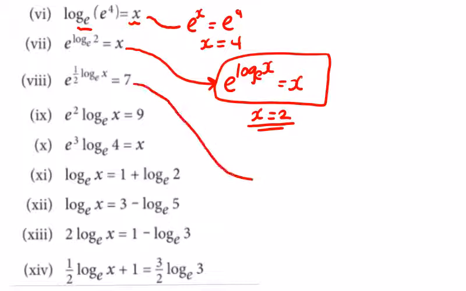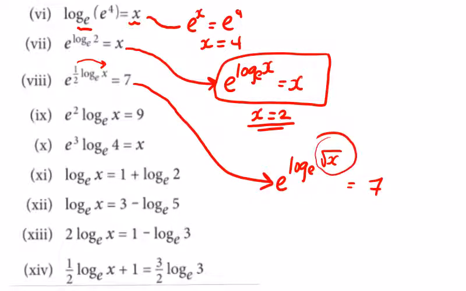This one here, we could start off by saying e to the power of log to the base e, and the half will be x to the power of a half, or the square root of x if you want to write it like that, and that will all be equal to 7. So based on this rule, square root of x is equal to 7. Square both sides, we get x is equal to 49.